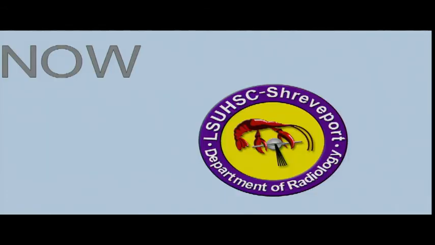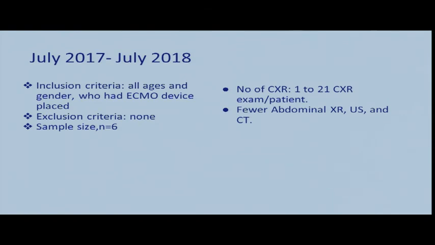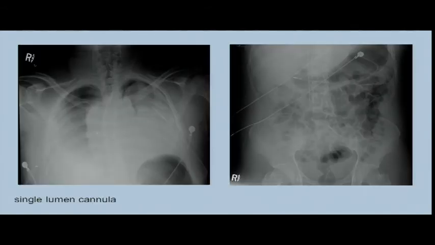All right, so now I'll move on to findings I was able to get from here. Basically, I had like 6 cases, and I noticed that chest X-ray was actually the predominant radiological examination that was done. They had fewer ultrasounds, fewer abdominal X-rays, fewer CTs.